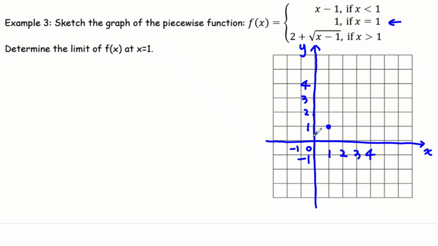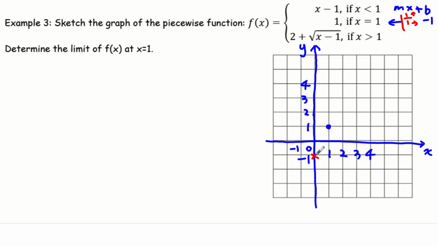And for the first one, x less than 1, we have x minus 1, then we use mx plus b. So b is negative 1, it will be on the y-axis, the y-intercept is negative 1. Then we use a slope of 1 over 1, so that is right 1, up 1.